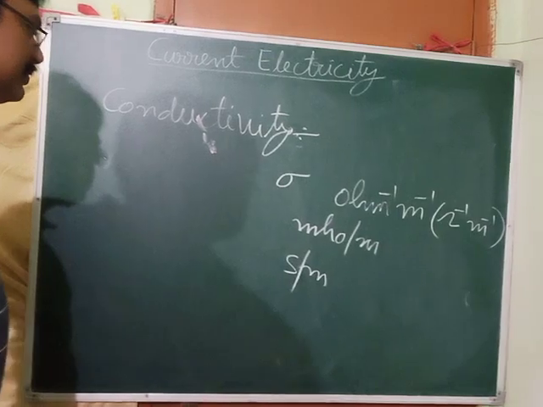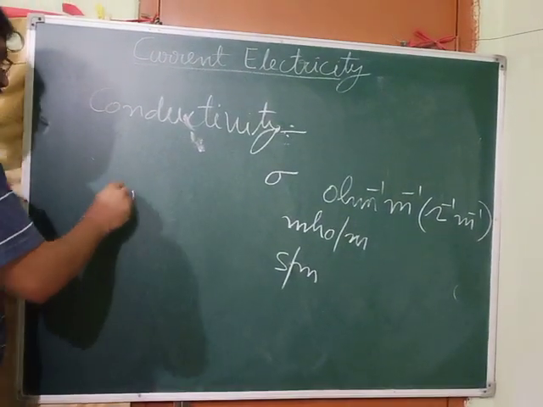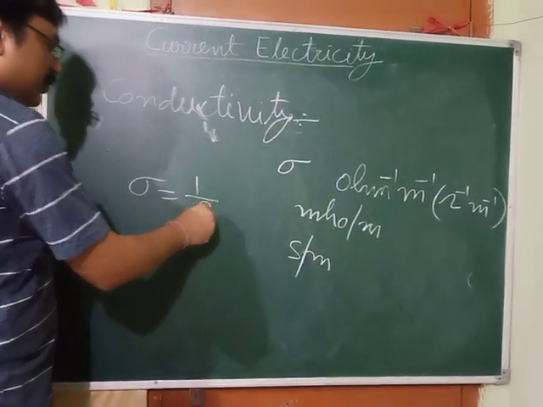So these are the units of conductivity. It is given by sigma is equal to 1 by rho.